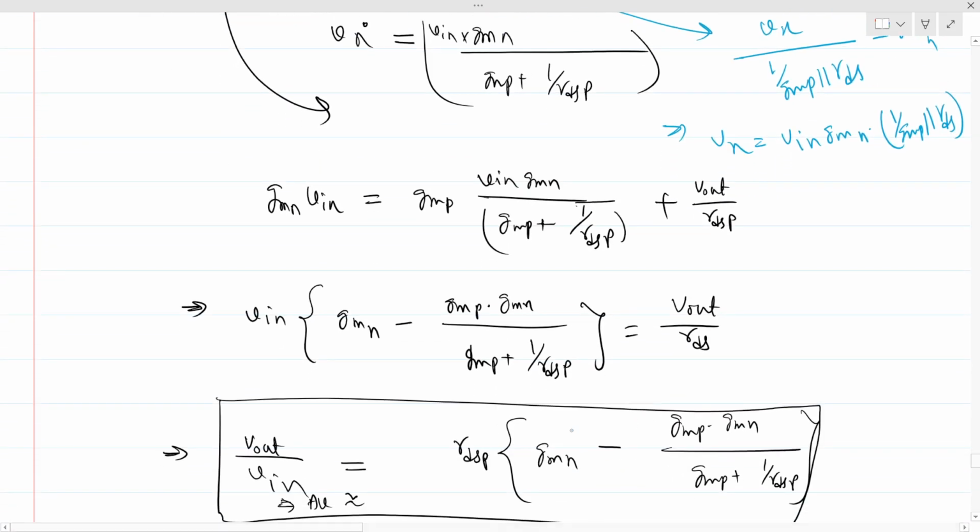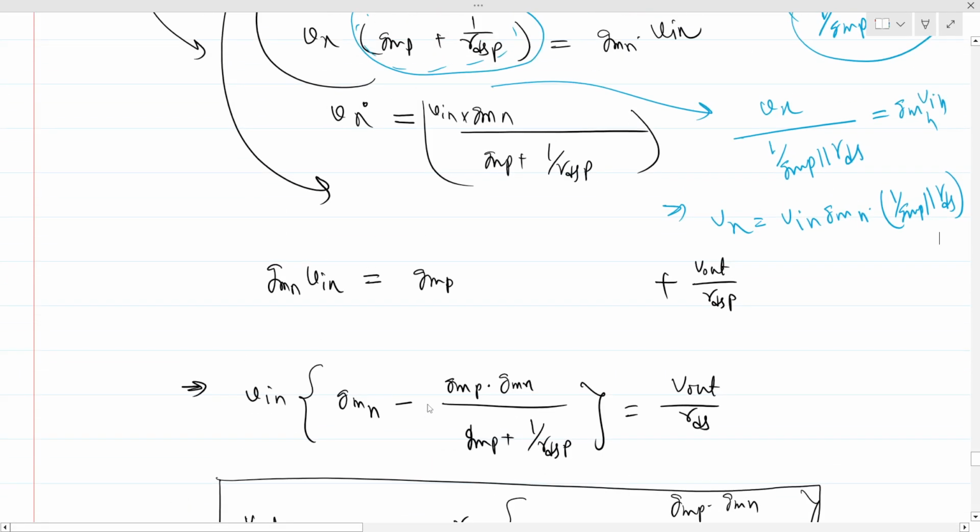Now if I put here gm Vx, so Vx is V in gmn times 1 by gmp parallel rds of P.